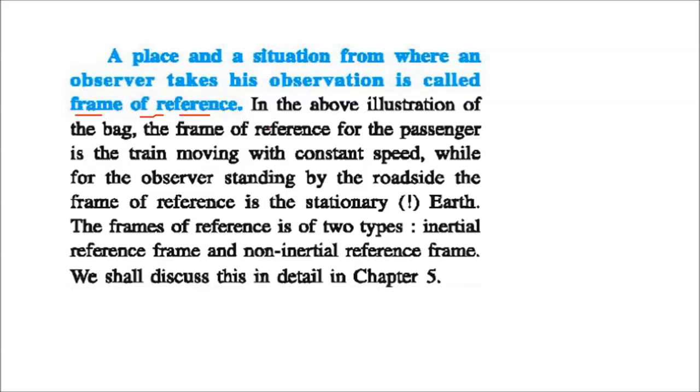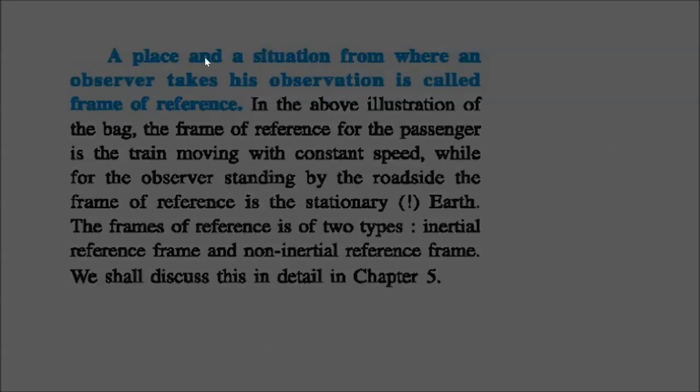In this example we discussed the bag: the frame of reference of the passenger is the train moving with a constant speed, while for the person standing outside on the road, the frame of reference is not the train but the earth. So the frame of reference can be of two types: one is the inertial frame of reference and the other is the non-inertial reference frame. We will discuss that in later discussions.